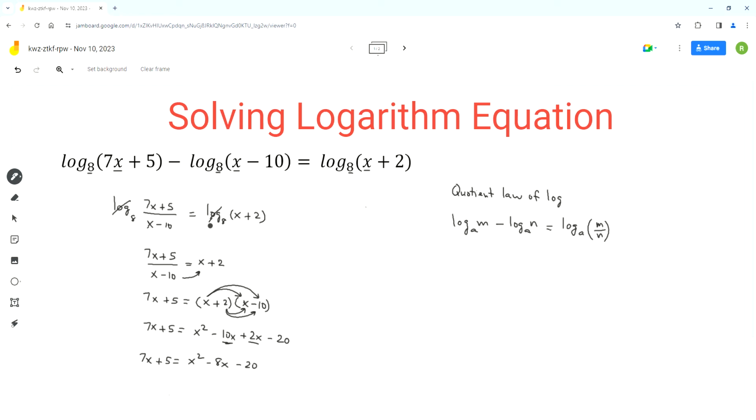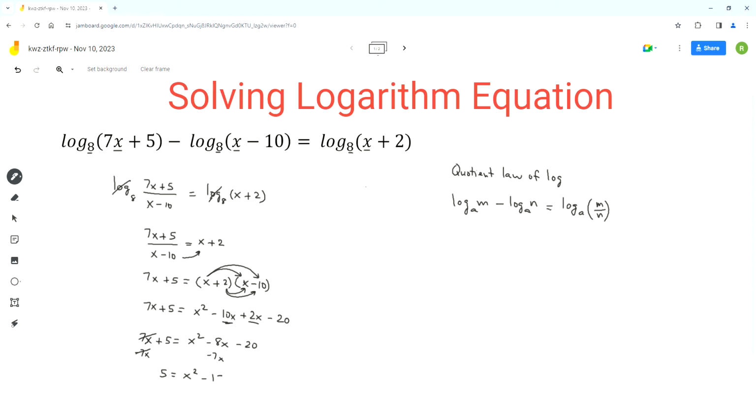So now we have a quadratic equation. We can move all terms to the right side of the equation and set the equation equal to 0. First we can subtract 7x from both sides so that we can gather and combine the x terms. The 7x's on the left side cancel each other out. So we get 5 equals x squared minus 15x minus 20.